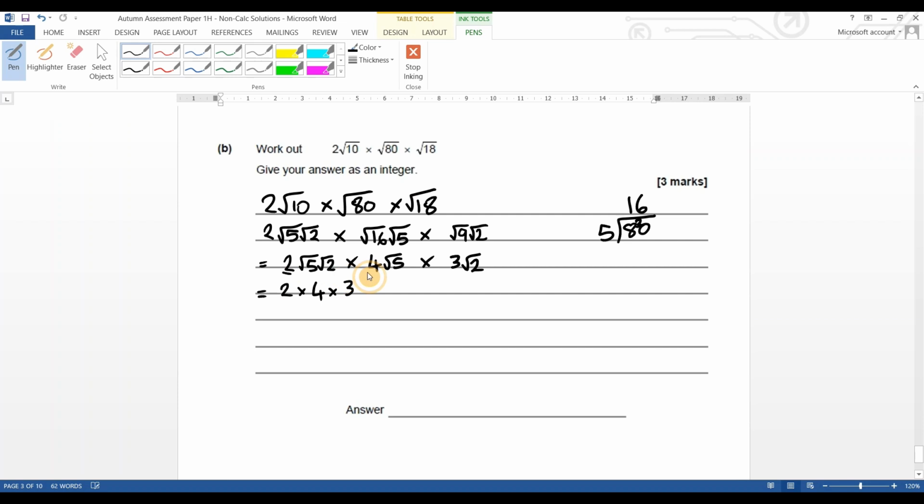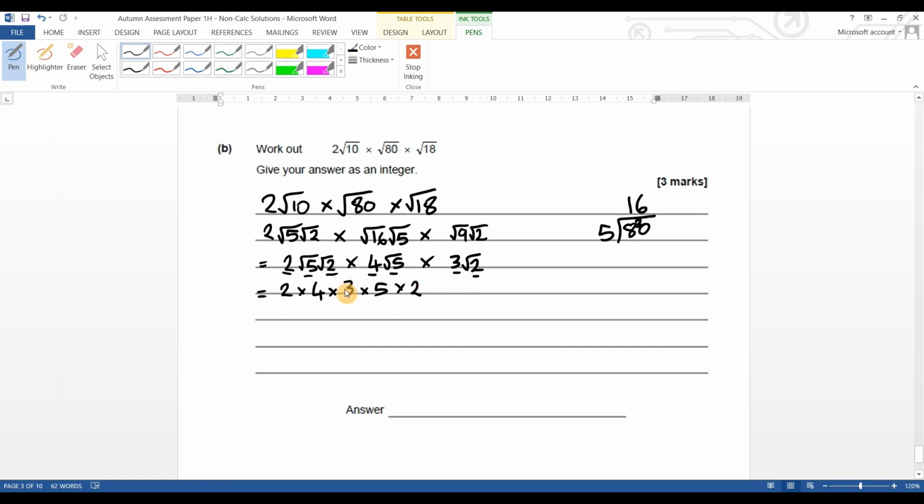That's that done. Root 5 times root 5 is just 5 on its own. That's that done. And I've got root 2 times root 2, which gives me just 2 on its own. That's that done.